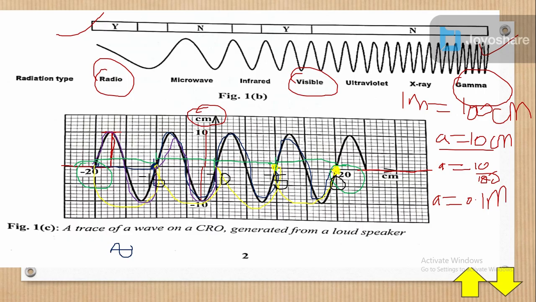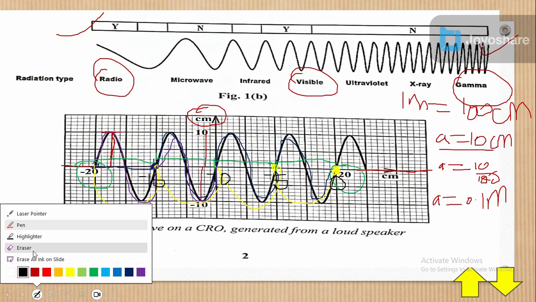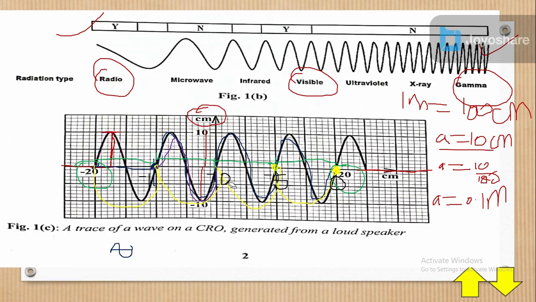Now is the 0 rhyming with the 20? No. So we come back and say no, this is not working out. We remove it. So 5 has failed. Let's try using 10.